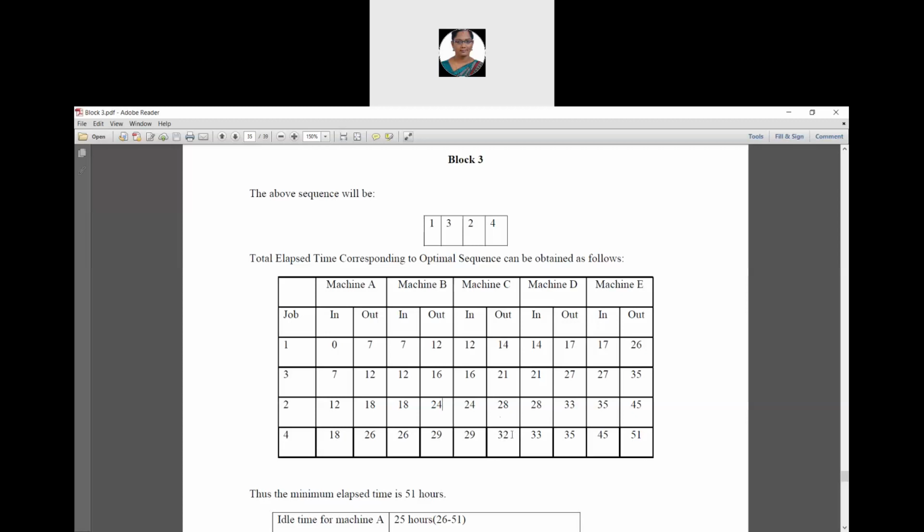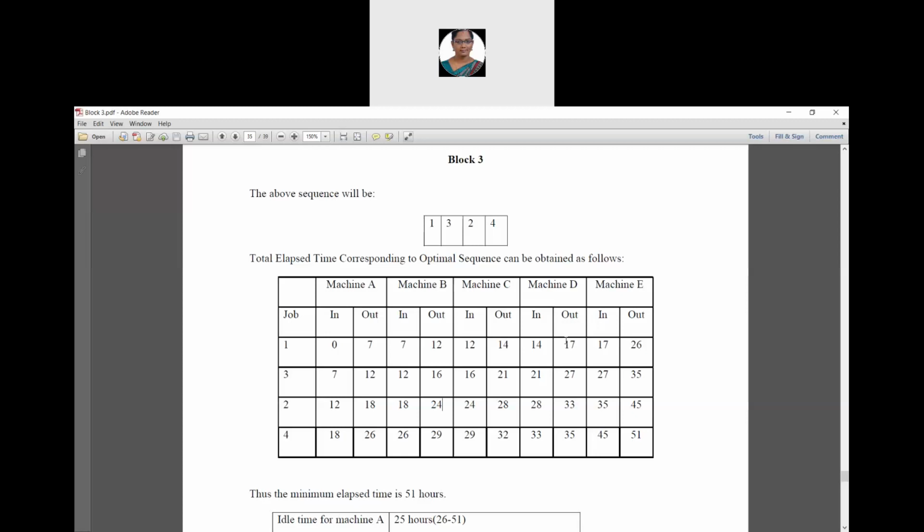Okay. Similarly, we have to find the in and out values for machine D. The first in value is the first out value of machine C, 14, and out value is calculated by in value 14 plus processing time for the first job in machine D. It is 3.